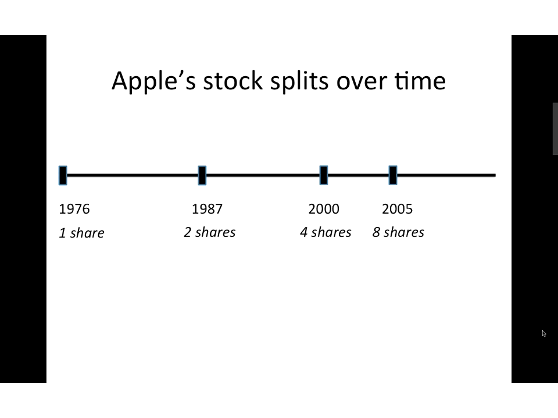In 2005, Apple did another 2-for-1 stock split, so now your 1 share from 1976 is 8 shares. Then in 2014, Apple did a 7-for-1 stock split, which is really, really unusual, and you now have 56 shares. So your 1 share back in 1976 would now be 56 shares because of the stock splits Apple has done.